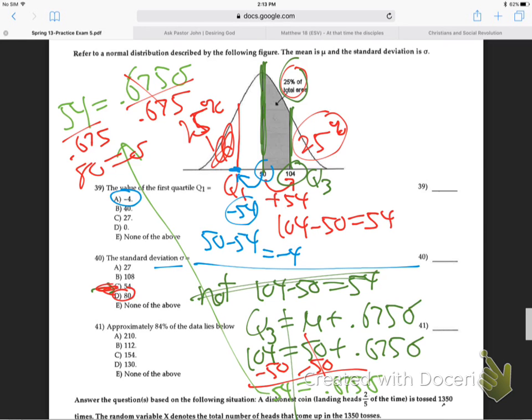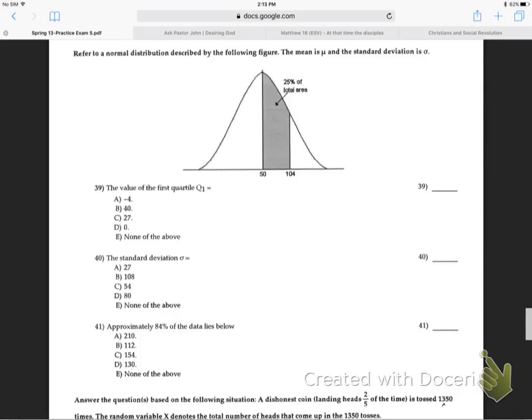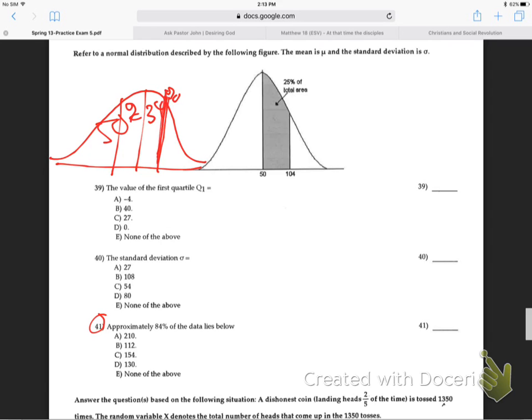Oh, well then you got to do 41. Okay, last one, 41. Approximately 84% of the data lies below. How am I going to do that? Well, remember the bell curve. Middle is here, and each of these lines is 34, the first two is, so 34 is right here, 50 is here, so they're talking about this spot.